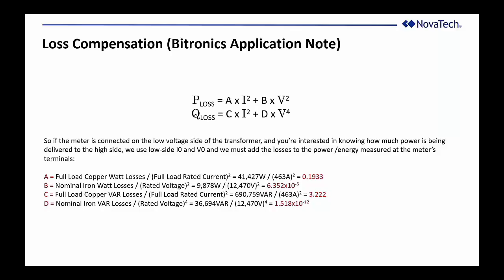And finally, the D factor is the calculated iron VAR losses divided by the rated voltage on the low side, squared and then squared again. So you can well imagine that 36,000 VARs divided by 12,000 to the fourth power is going to be a very small number. So typically, my B and D factors are usually pretty small.